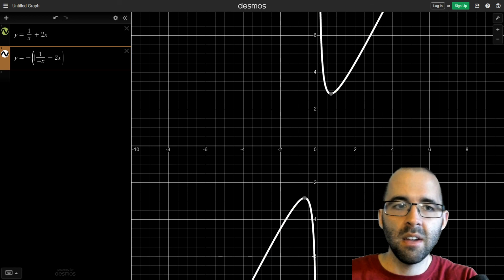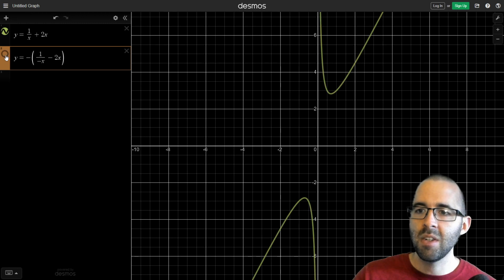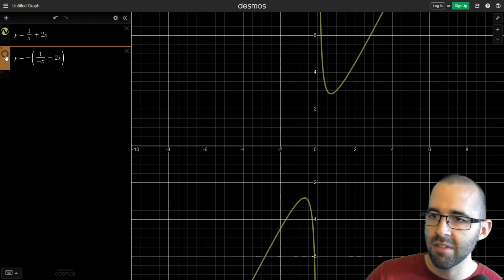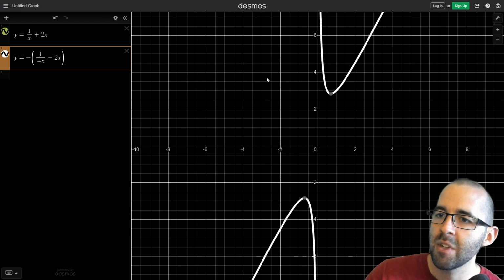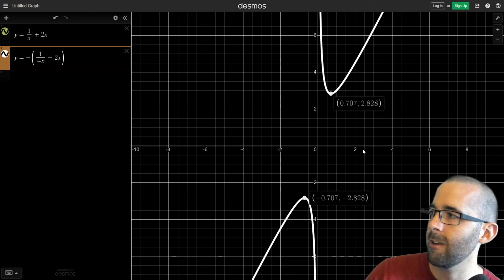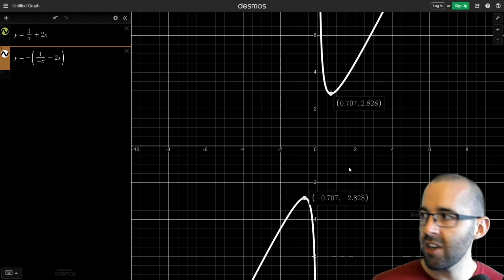Reflect it the other way. We reflect it both ways. We do see that the white graph is the same as the green graph. That's what it means for something to be an odd function. Symmetric about the origin. Every point here, you go to the opposite side of the origin, you should have another point down here. That's even and odd functions.